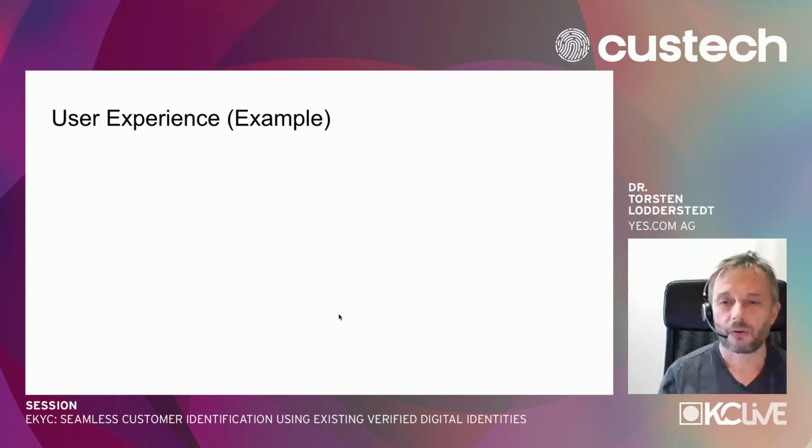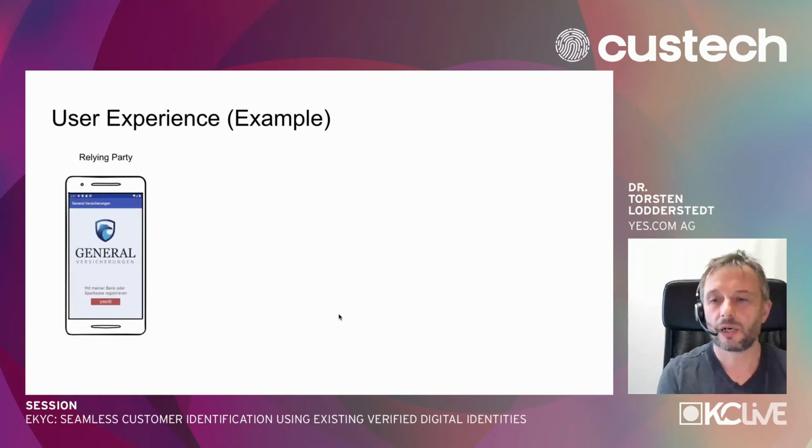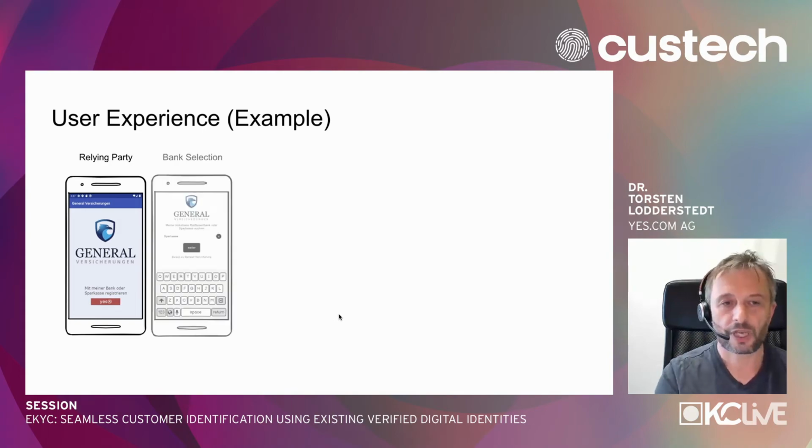What can we achieve if we really make the bank an IDP, and let a relying party obtain the identity data directly from the bank? Well, let's assume we are on an insurance website or in an insurance app and want to identify. The first step would be to select the bank, because there are so many of them.